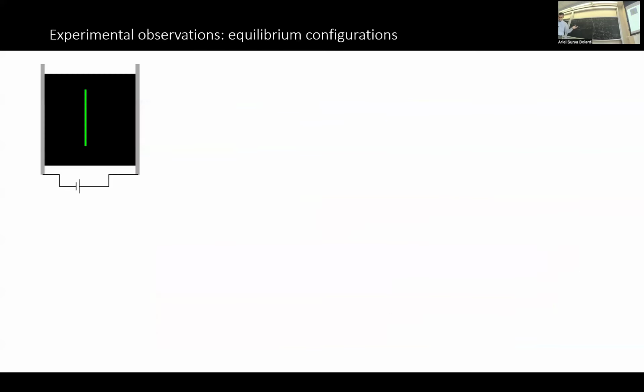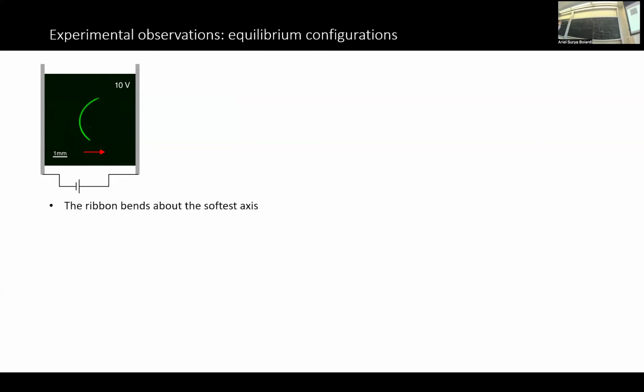Okay. So first we talk about the characterization of this material. The experimental setup now is rotated with respect to the previous drawing, but the filament, the ribbon, is there, aligned so that the thinner side faces the camera. Introducing the electric field, it bends around the soft axis, and it bends toward the cathode, which means the side where the negative charges are.